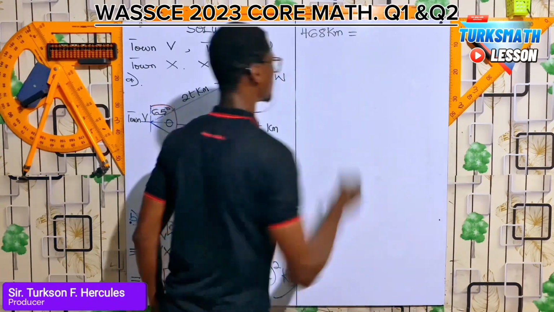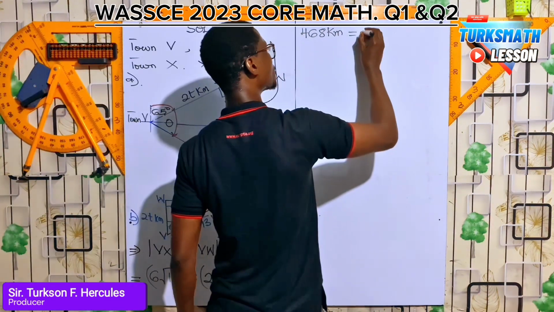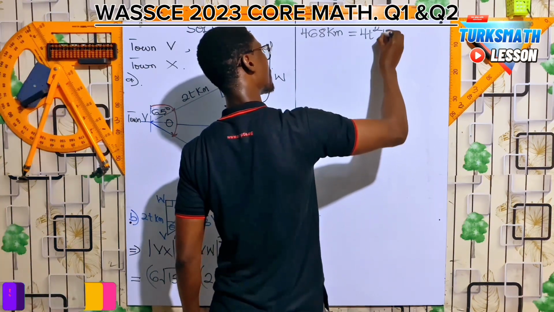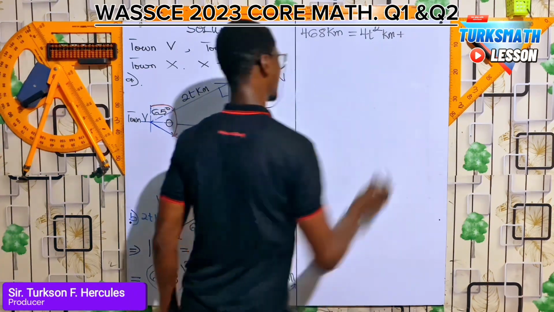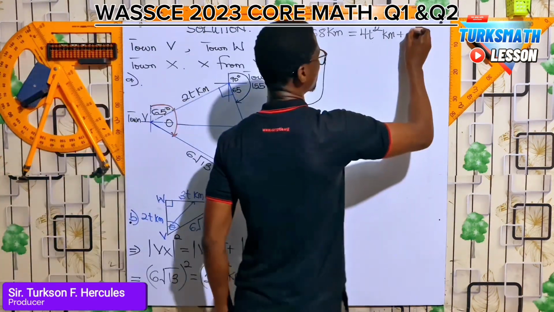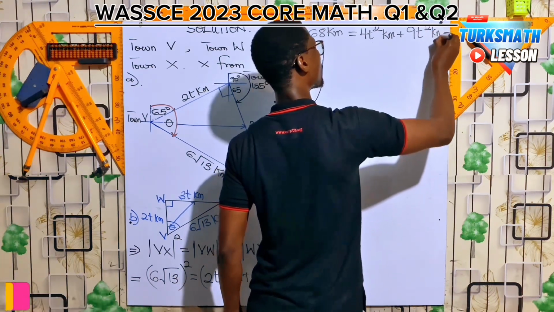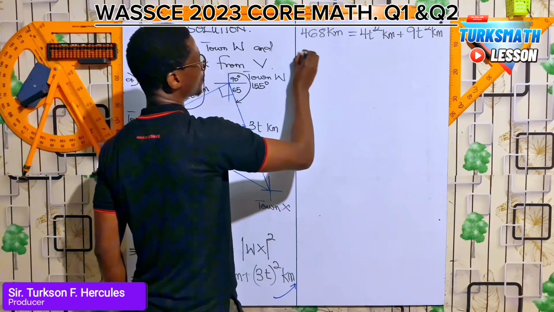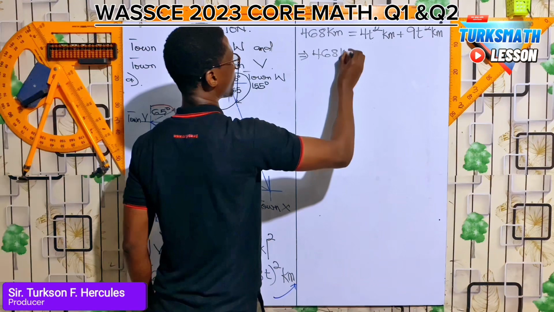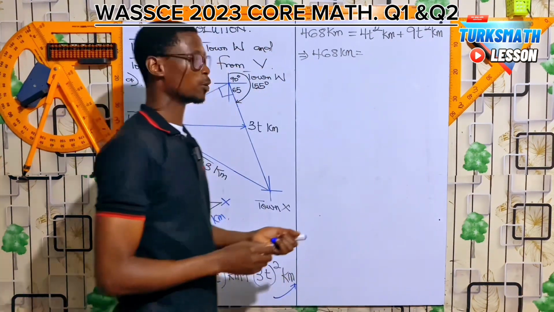Right, equal to (2t) squared plus (3t) squared, which is 4t² plus 9t², giving us 13t².